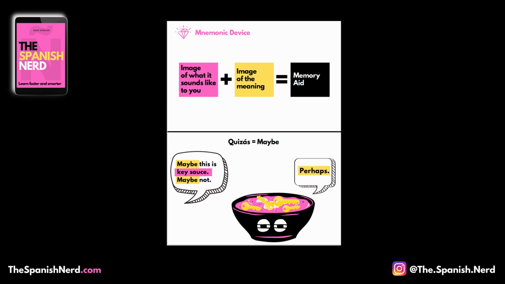Perhaps. It's silly, it's funny, it fulfills the purpose of creating this mnemonic device, and hopefully it will stick in your brain. If you don't like this one, that's okay. You make your own. These are just examples. I'm your Spanish coach. I'm here to coach you along the way, and I'm here to push you and motivate you and remind you of these powerful language learning tools.